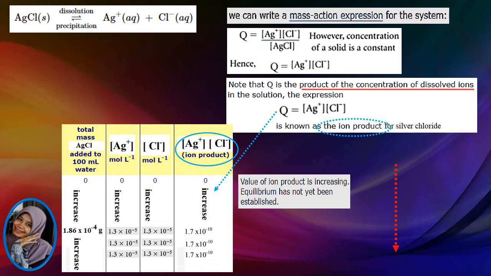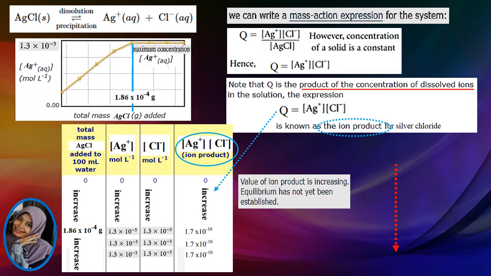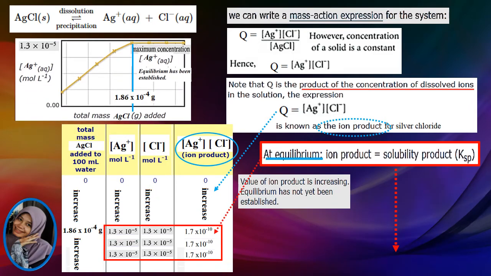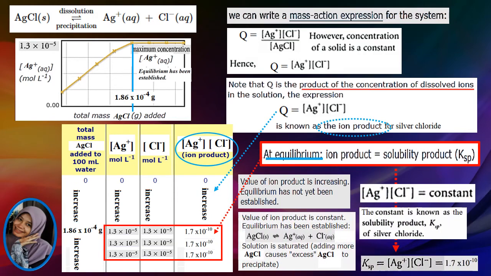You can see at equilibrium, the ion product, equal to the concentration of silver ion times the concentration of chloride ion, is constant, equal to 1.7 times 10 to the negative 10. At equilibrium, the ion product is called the solubility product, symbolized as Ksp.